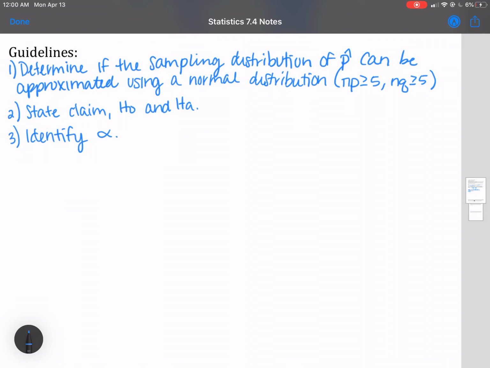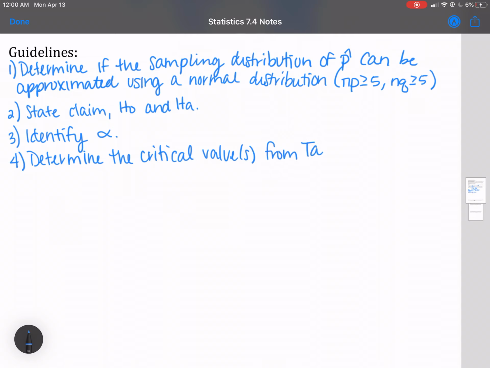And once we know alpha, we can determine our critical values from table 4. But remember, I also say you can use table 5 and use the infinity row.